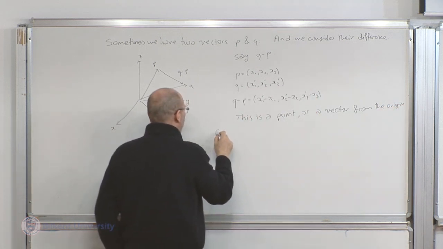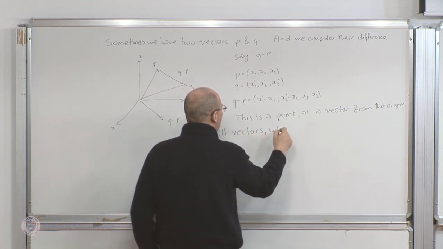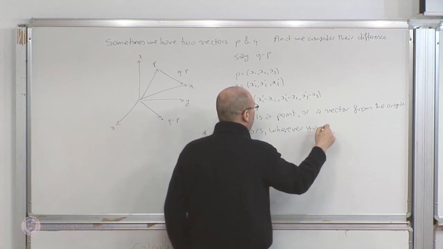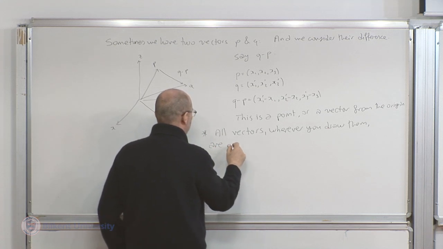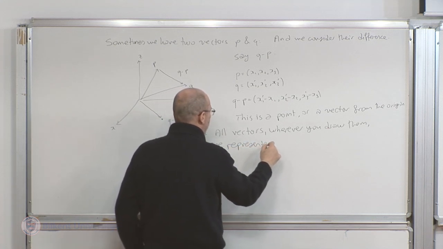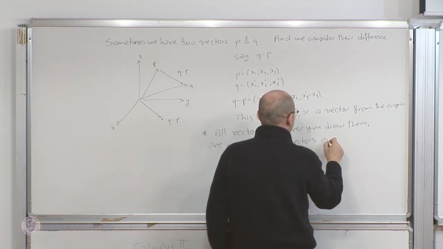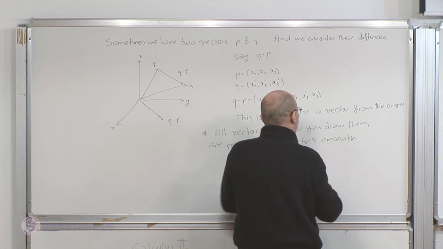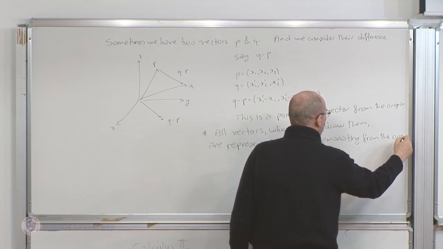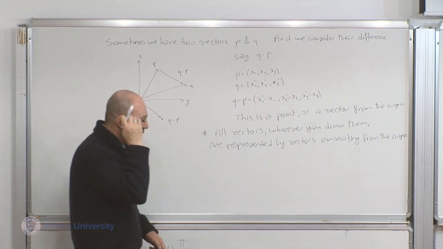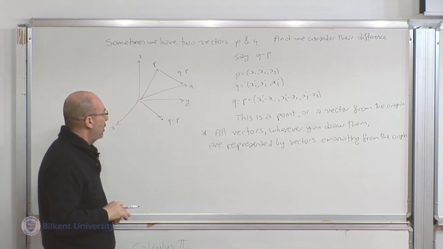So all vectors, wherever you draw them, are represented by vectors emanating, the technical word is emanating, starting from, coming out of, the origin. Okay, so that's the algebra of these things. You have to remember that every vector is actually a point.